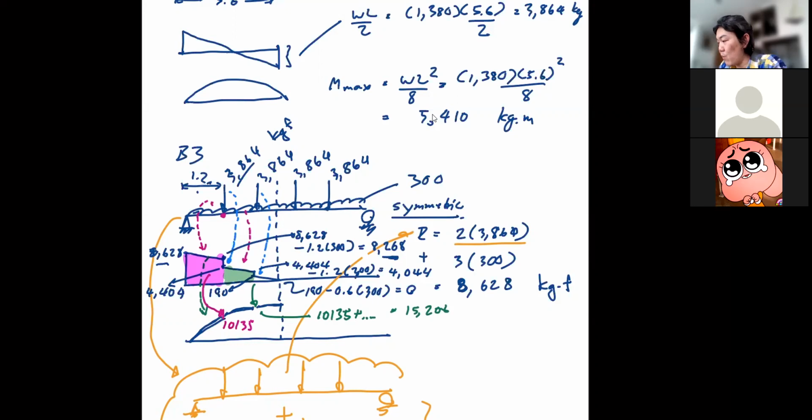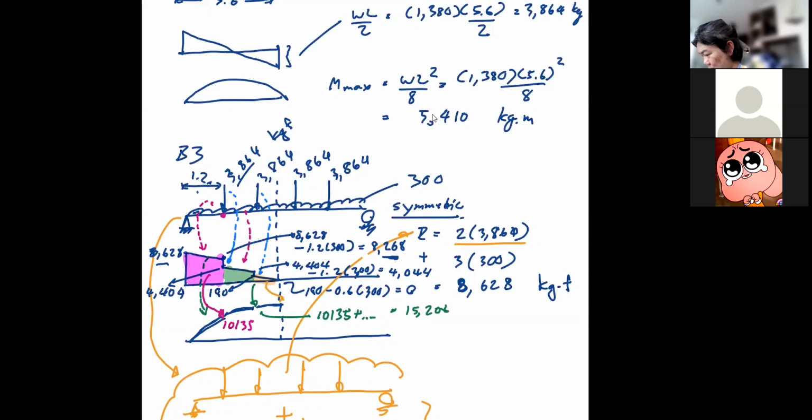And then the maximum moment would be the result of, again, let me try to use a similar color, okay?